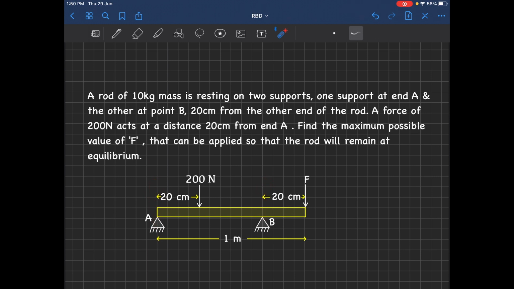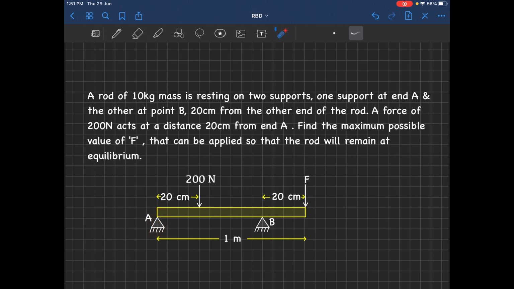But if we visualize the system here, look, if we apply too much force F at this right end, then the rod will start rotating about point B, because this point B will act as a hinge, and if we apply too much force, then the rod will rotate this way. That means at point A it will lose contact.